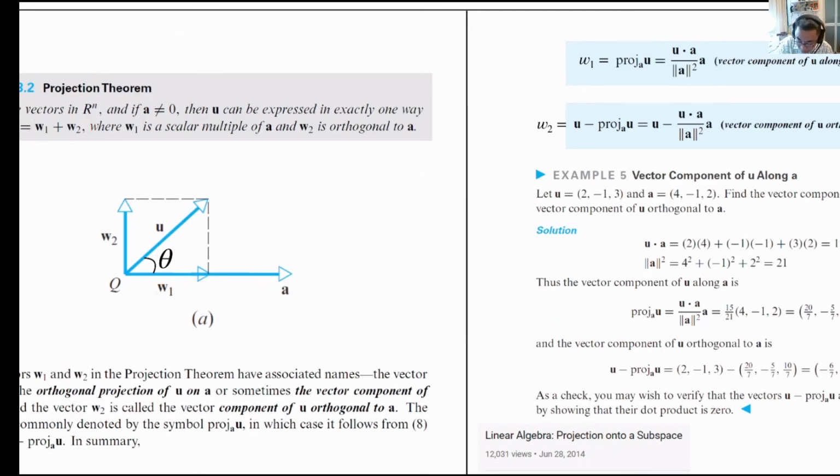What about w2? Remember, we say that w2 is equal to u minus w1.